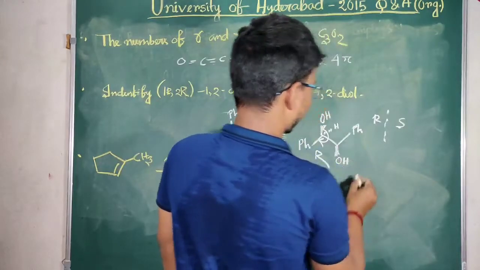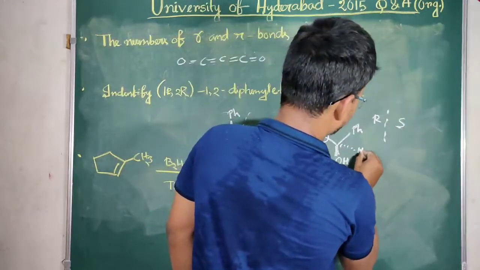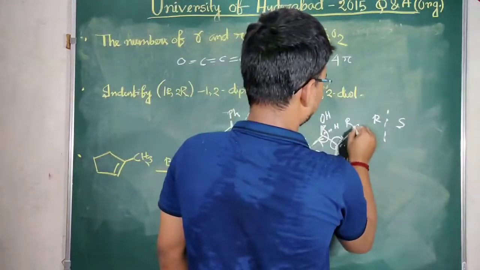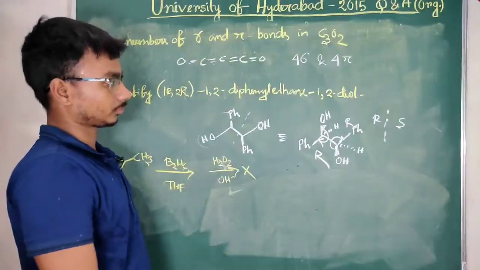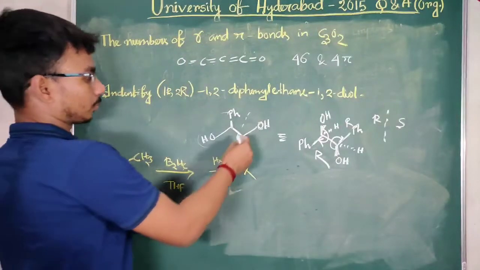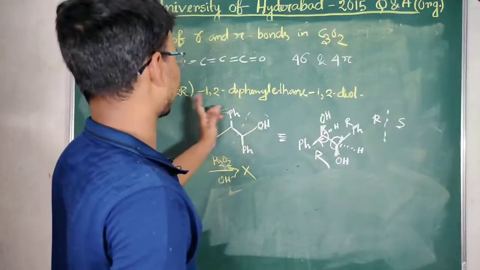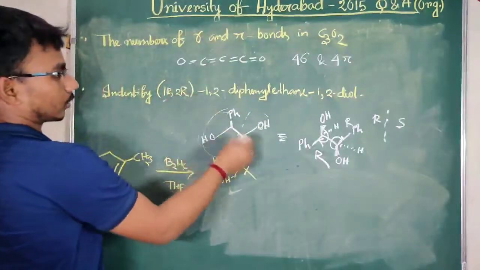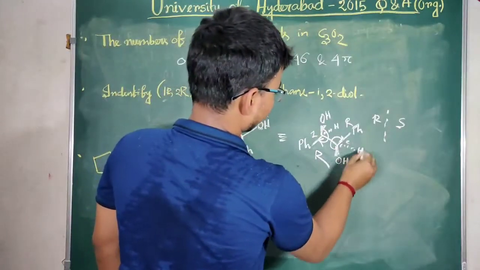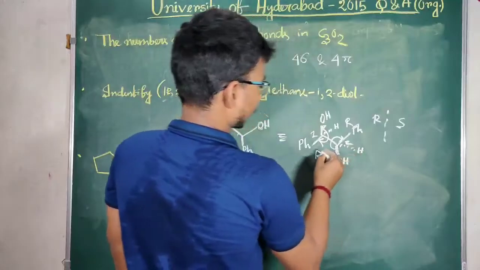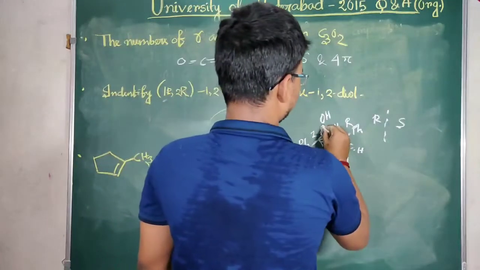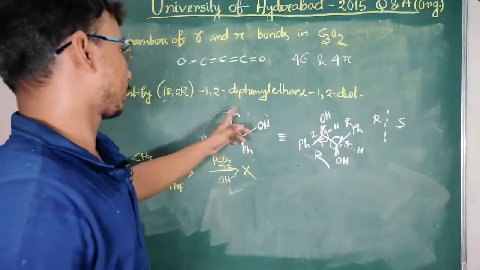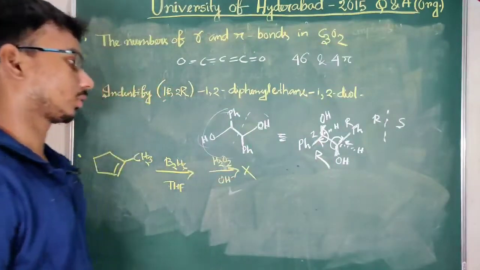So we put OH again above and hydrogen below. So this is our rotation clockwise, and this is the answer. What we did: we wrote a structure according to the question, then arranged them as 1R and 2R. You can name 1 and 2, then place OH and H below or above. We have to match the nomenclature R and S.